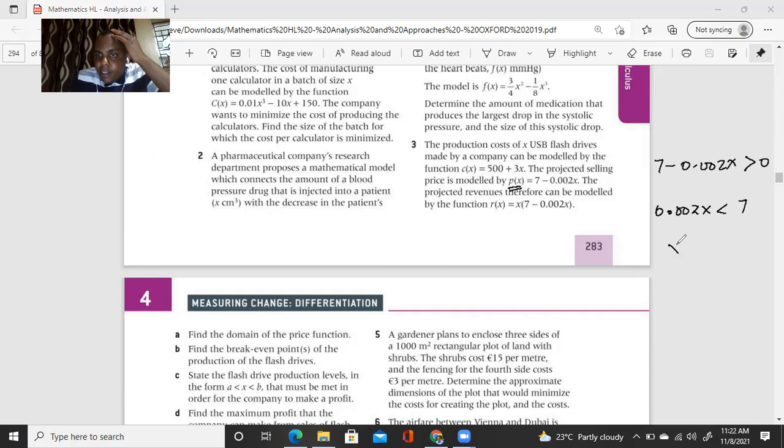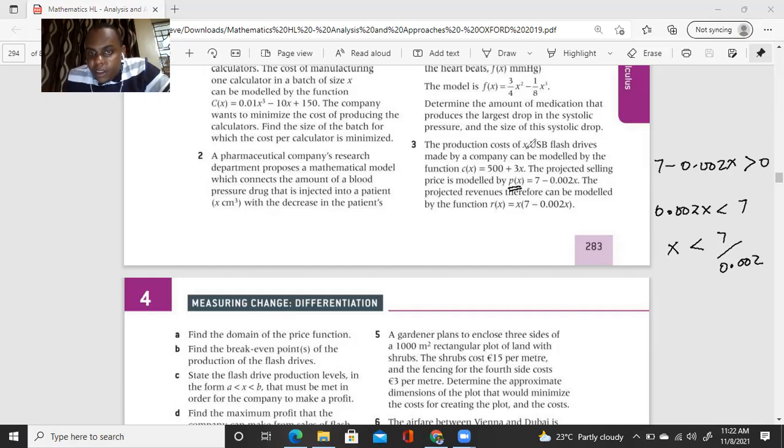And so x has to be less than 7 divided by 0.002. Can you do 7 divided by that? Yeah, it is 3,500. So that's the other argument.